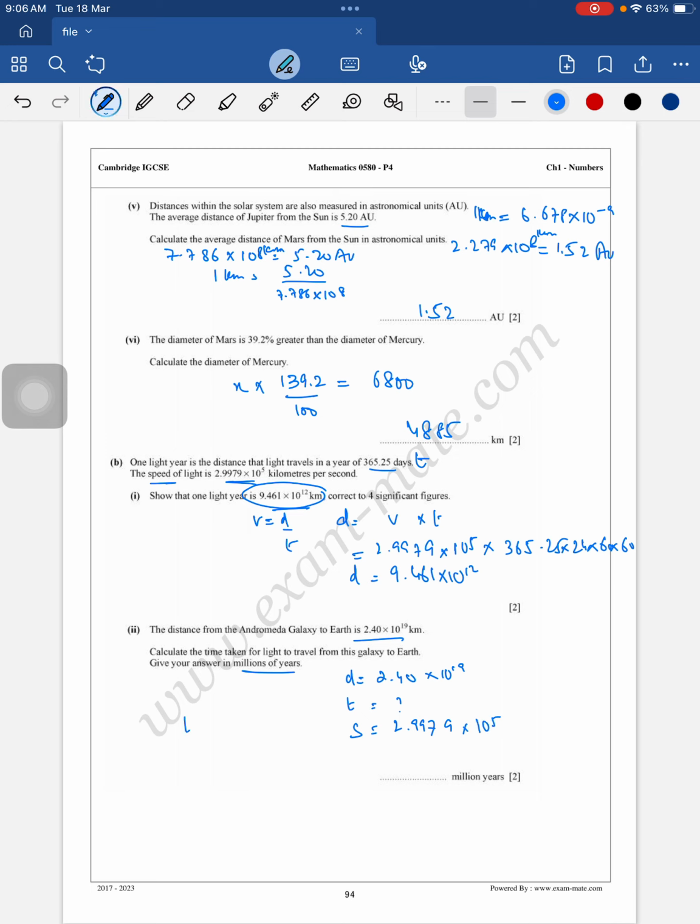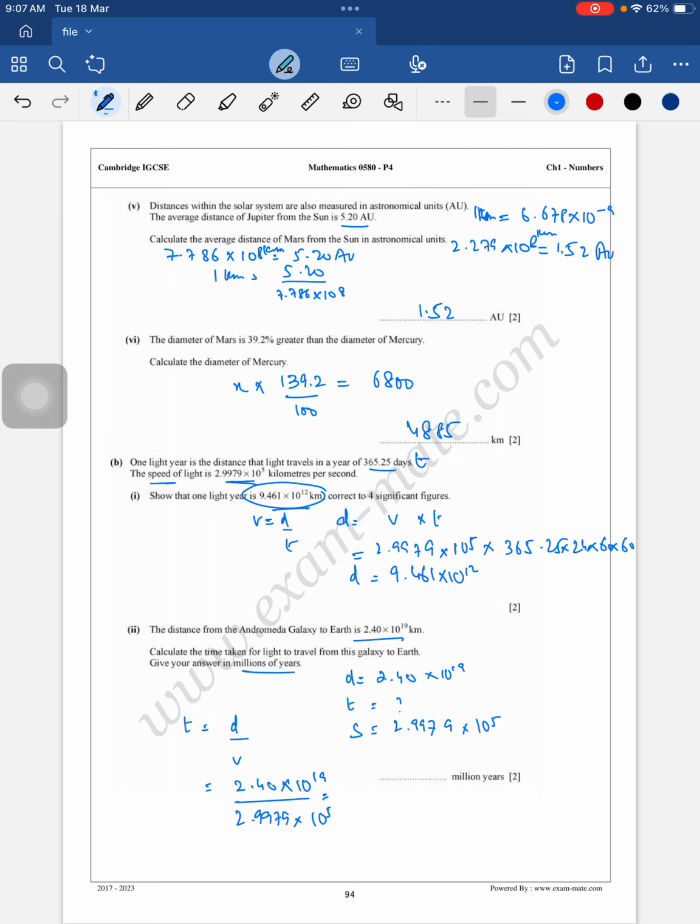So time is equal to distance upon speed. Distance is 2.40 exponent 19 upon 2.9979 exponent 5. The answer which we will be getting will be in seconds, right?